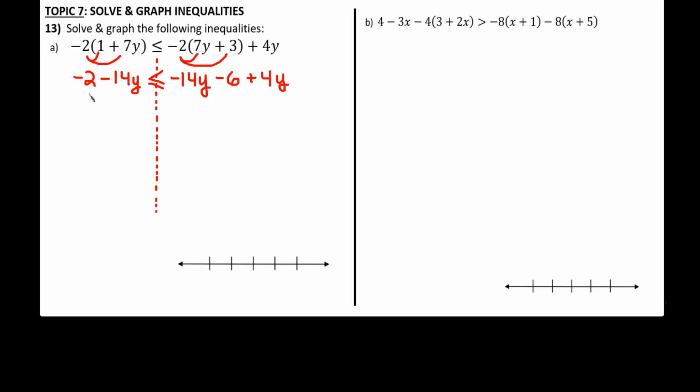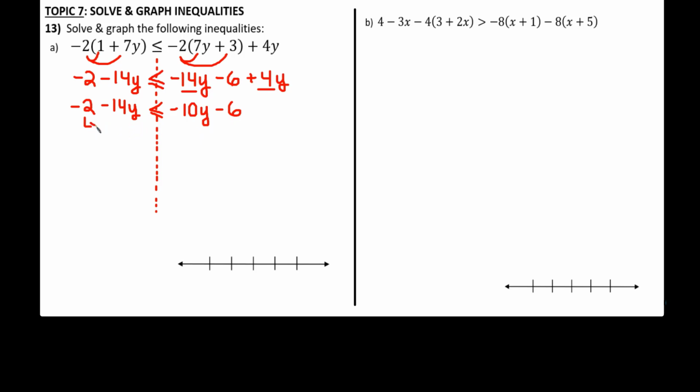Now the next step is combine like terms, but on this side I cannot combine, so I just bring it down. But on the other side, I can combine negative 14 with the 4, which will give me negative 10y. And the negative 6, we're going to bring it down. Next, the third step is to move the numbers.